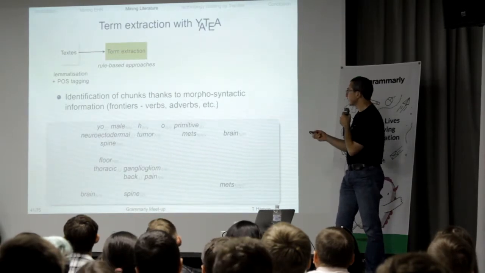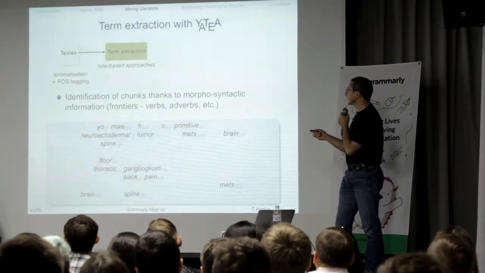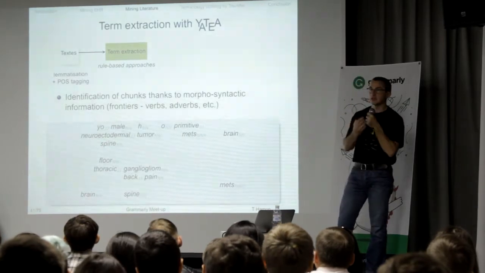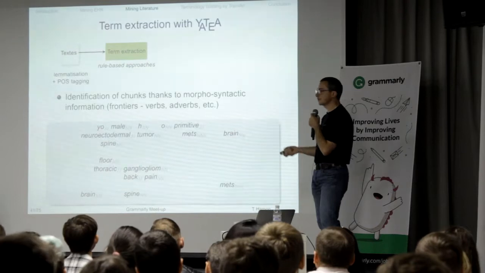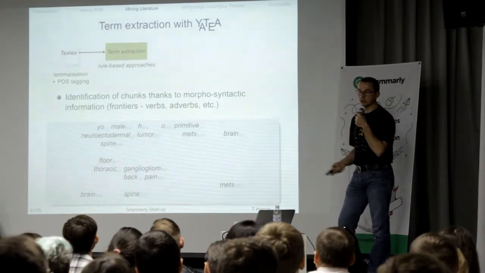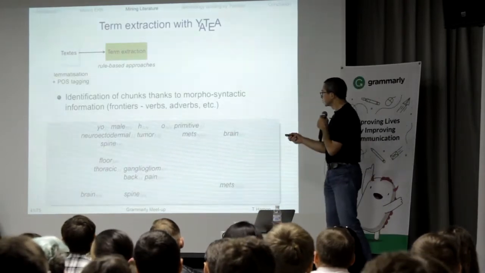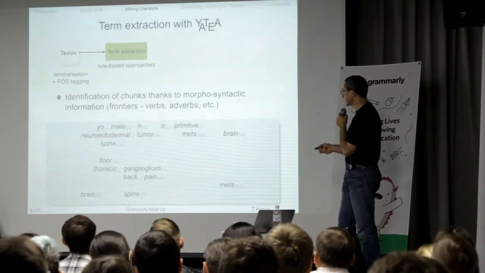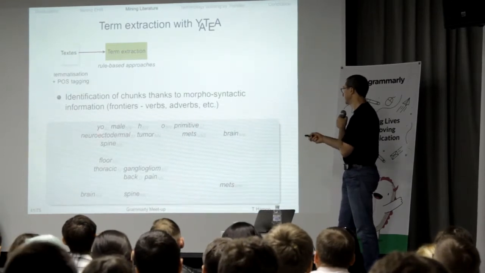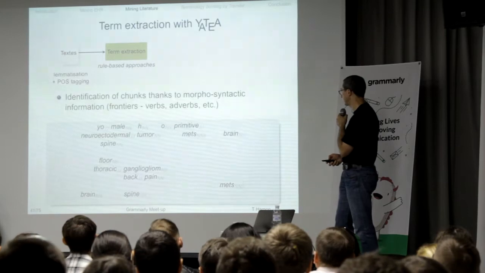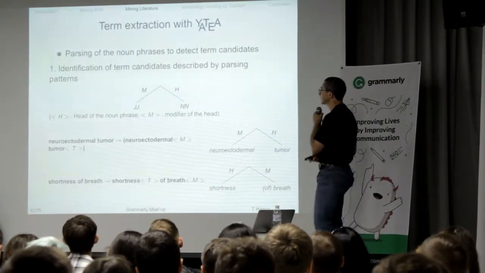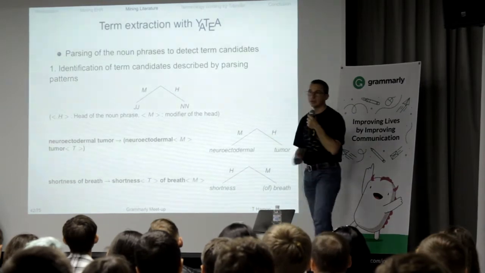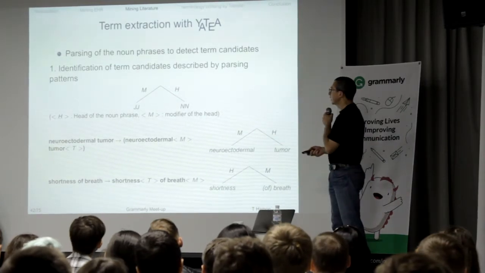So for instance, we remove verbs, or in fact we consider that we can split the text according to verbs, adverbs, punctuation, and so on. So finally we have such a structure, with different words or noun phrases. And then we parse the noun phrases to detect term candidates.